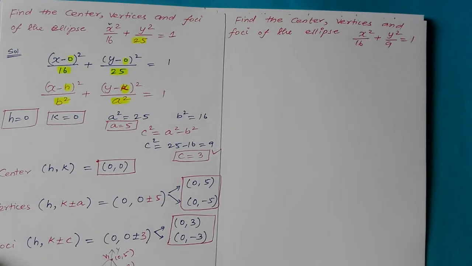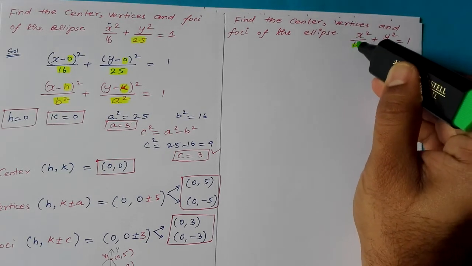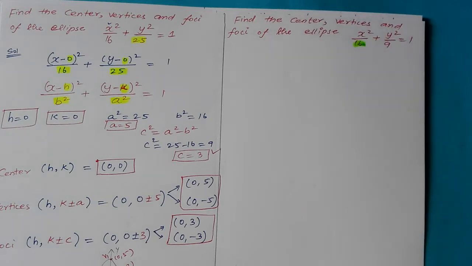Now what is the difference between the last problem and this problem? In the last problem the bigger number was below y, but here the bigger number is below x. So we do the same steps.